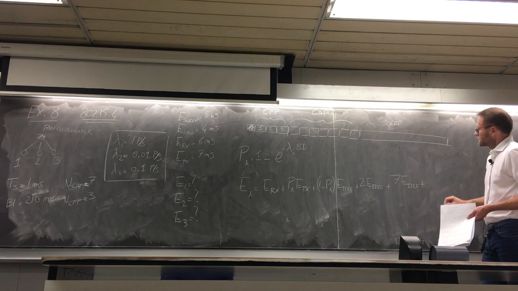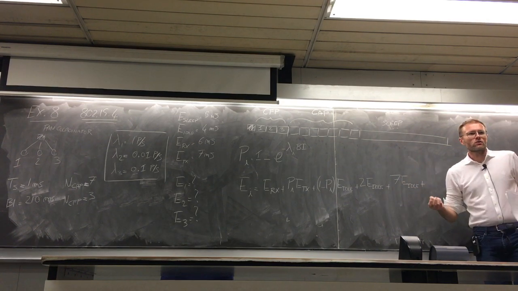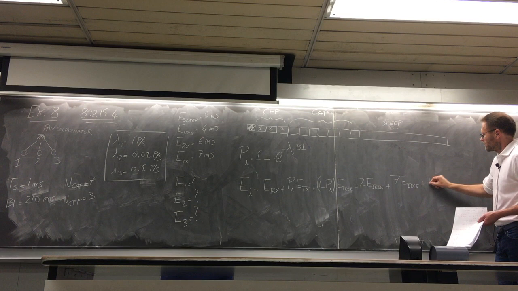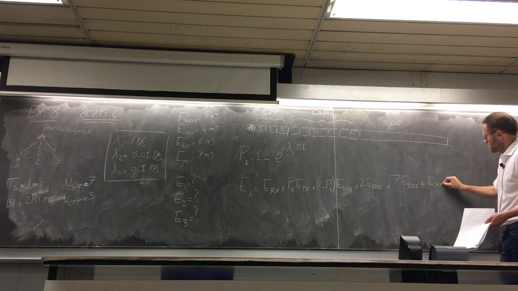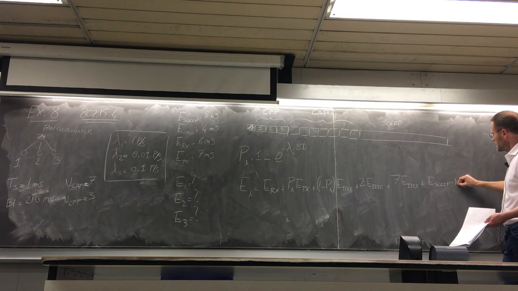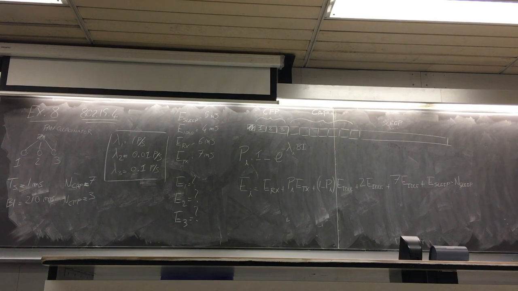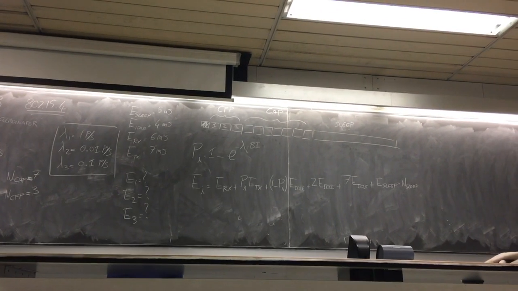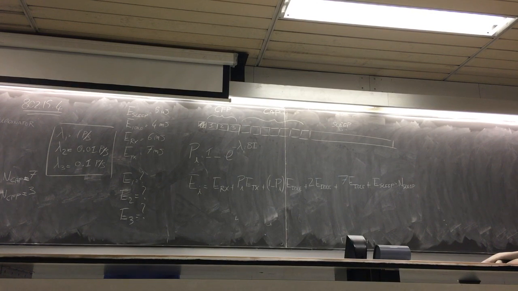And then I have to sum up the energy consumed while sleeping, that is E sleep times, let me call it N sleep, the number of slots in the sleeping part. You agree?